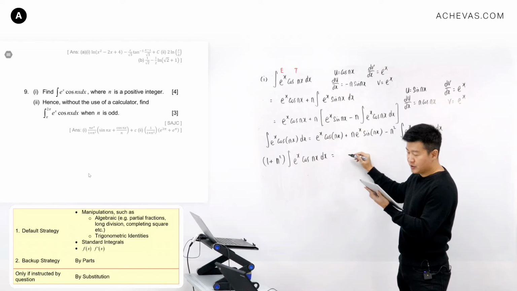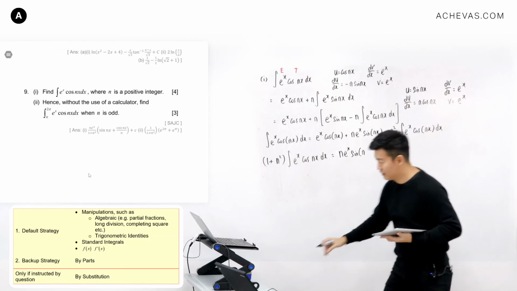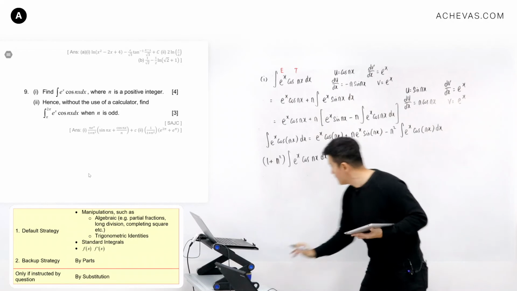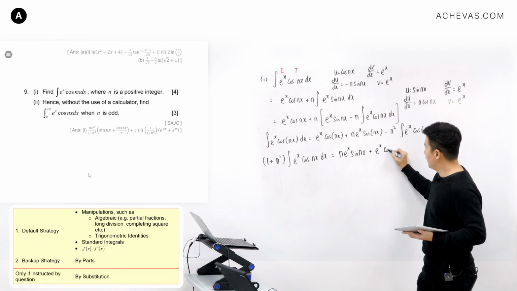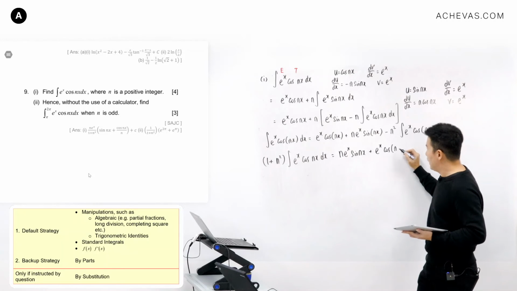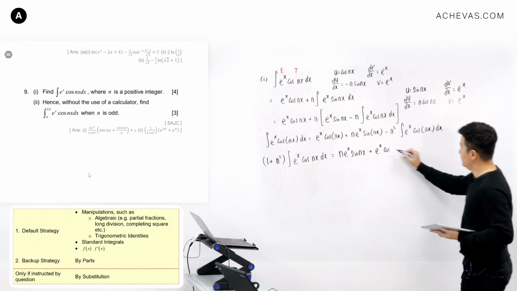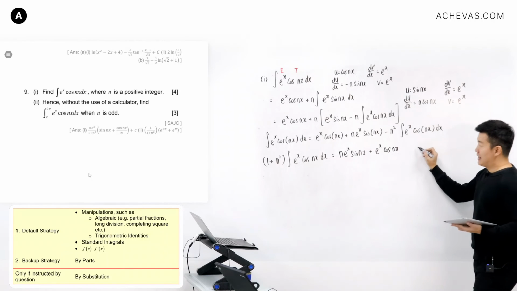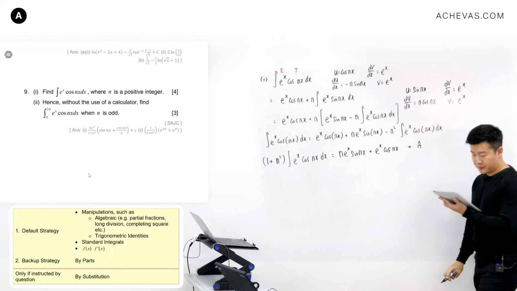So this is going to be equal to n e to the power of x sine nx plus e to the power of x cosine nx. There should be a plus c. I'm going to just put it as a plus a for now.